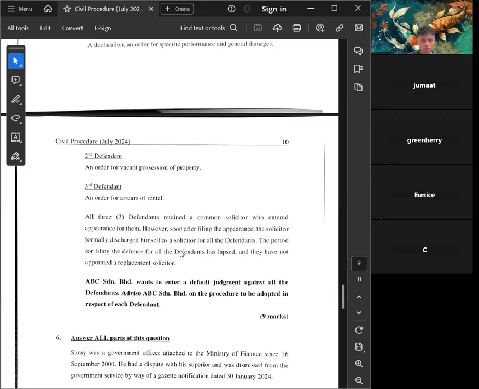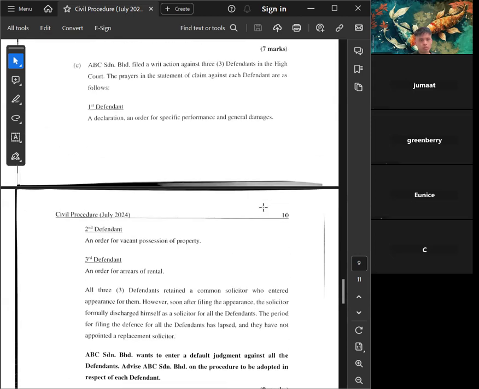I think this question is very lenient because they have told you all 3 defendants, so we look into the defendants one by one.